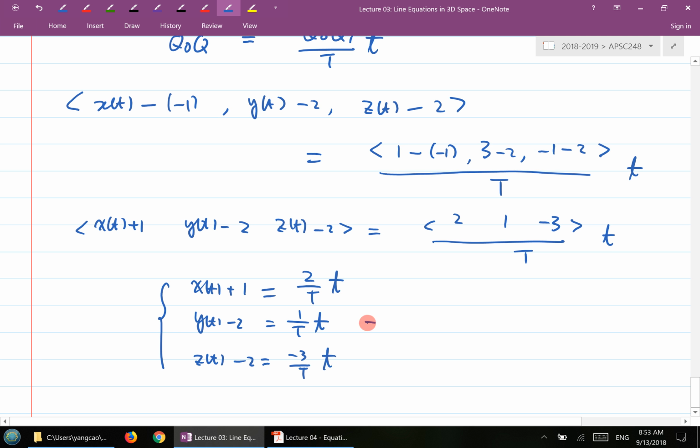I'm going to simplify this equation a little bit to the standard form, because remember what we're looking for is the parametric equation. It's 3 equations describing x of t, y of t, z of t. So I'm going to write everything into the right side there.